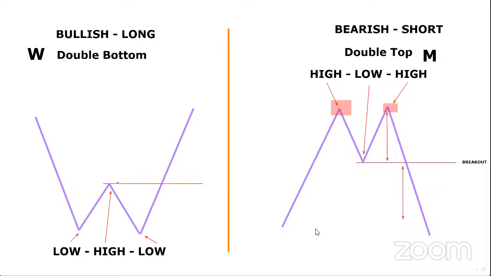See, after the breakout of this level, I would go long, just like what we've done with the double top. Okay. Do you need any clarifications before I carry on?